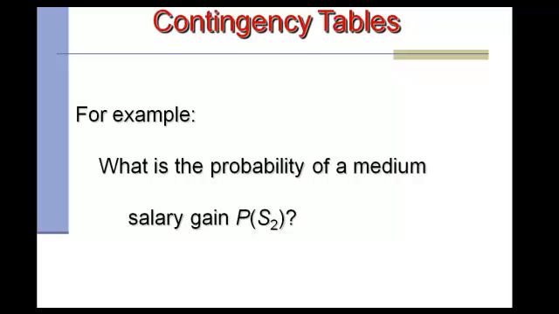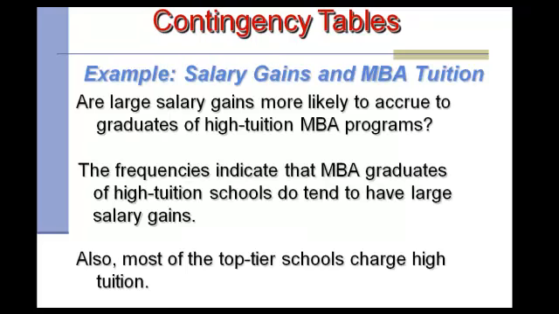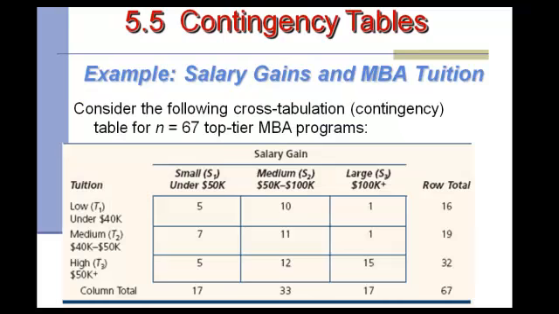But let's do an example. What is the probability of a medium salary gain? Let me go back to that table. Looking at this table, what do you suppose the probability of a medium salary gain is? In that case, you're just taking 33 out of 67.